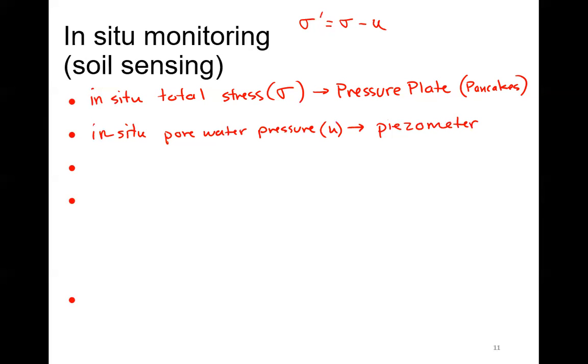There's another thing. If we care about the settlement, then obviously we need to also measure the in situ settlement. There's a few techniques that we could use. We could actually sit there with a theodolite, from the surveying classes, and measure and see how fast the whole roadway is settling.